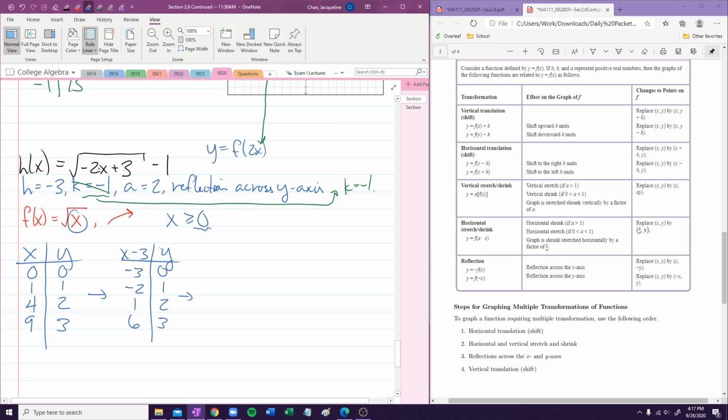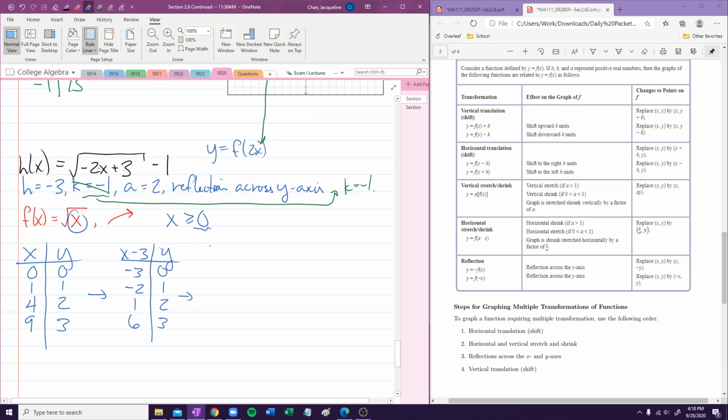So now we have to know, is this a horizontal or vertical shrink? Honestly, I apologize, it's not really a good habit to always put A. Actually, never mind, I can still say it's A. All right, so since this is 2, this is A, right?